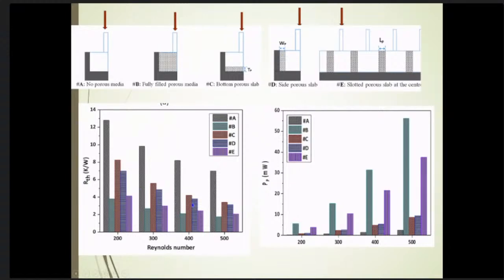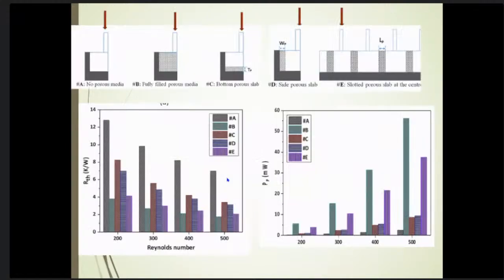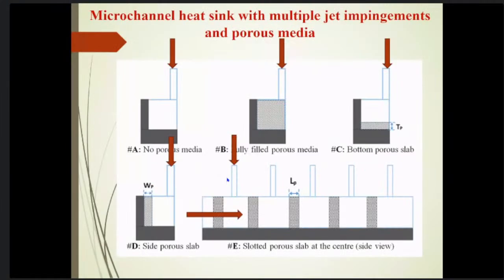Here we can see that the different combinations give different results, and as I said, it depends upon the trade-off, and which combination can best fit your requirement. So these are the recent advances in micro scale heat transfer and electronics cooling.